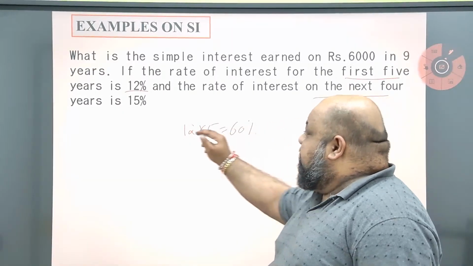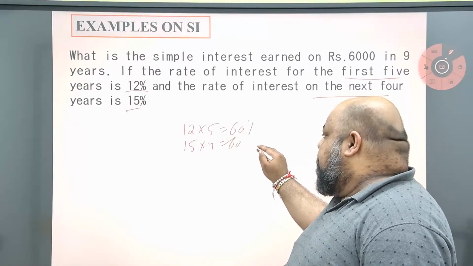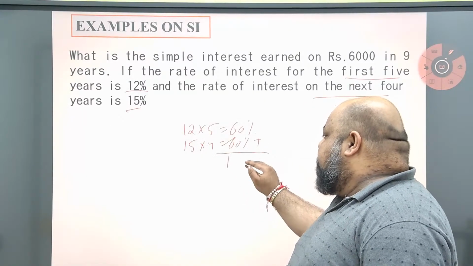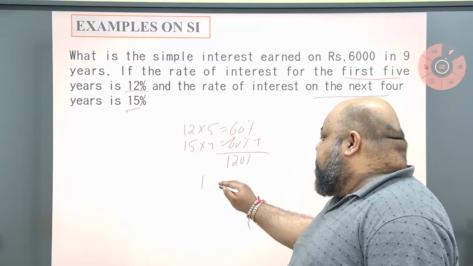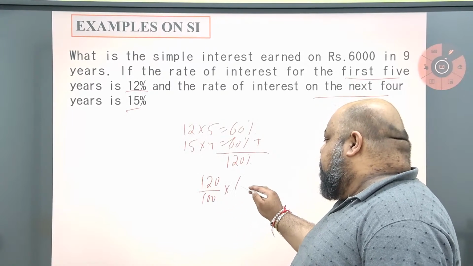In the next 4 years, we will get 15 into 4, 60% as interest. So the total interest will be 120% of P. Principal is 6,000, so 120% of 6,000, sorry.